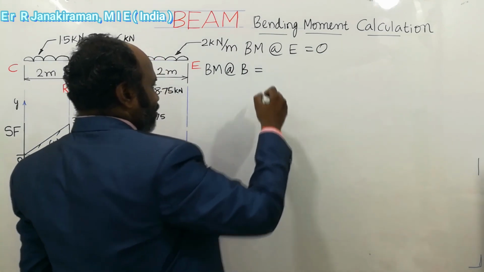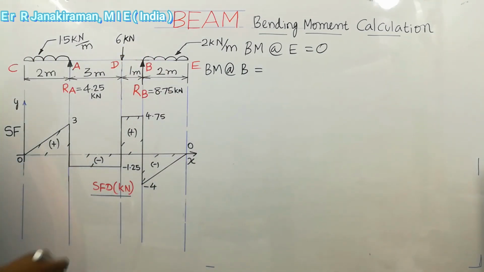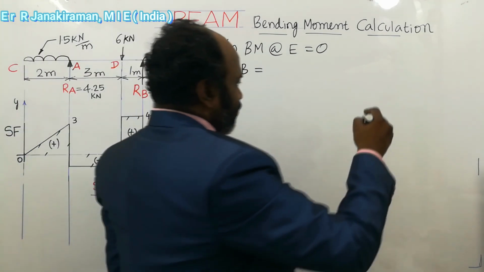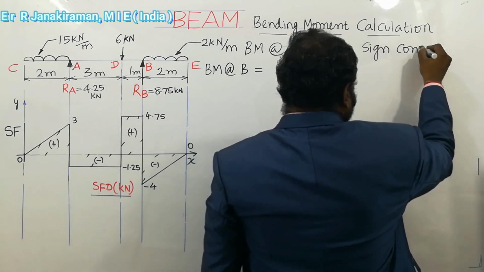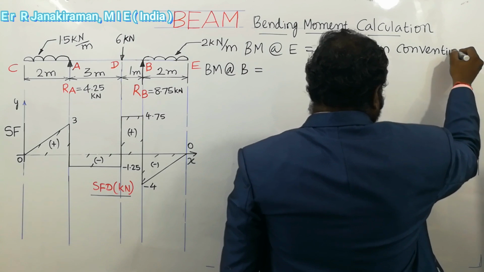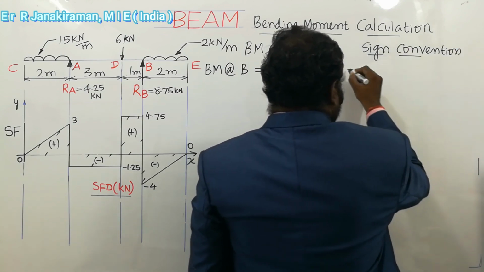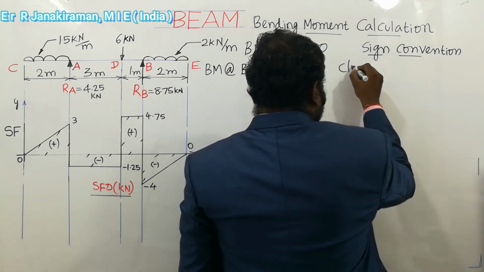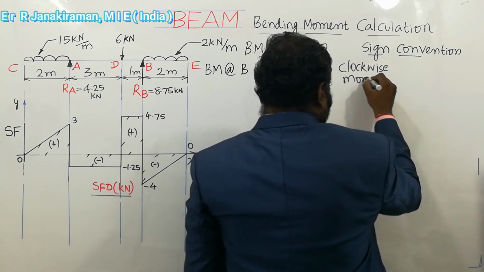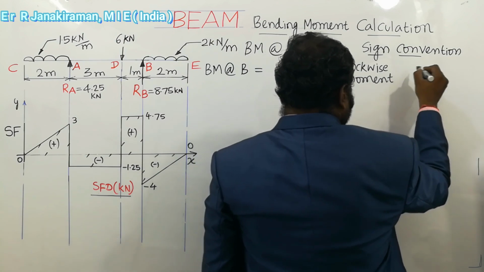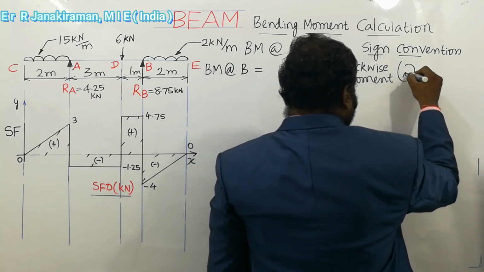Now we are going to work out the sign convention. That is clockwise moment. The clockwise moment we consider as negative. So I write the sign convention. Clockwise moment, this is the direction of clockwise.